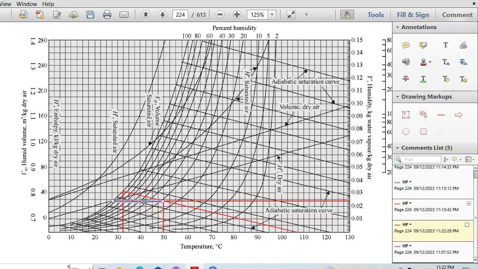From the point of interest, draw a horizontal line that meets the 100% humidity curve. Then draw downwards.